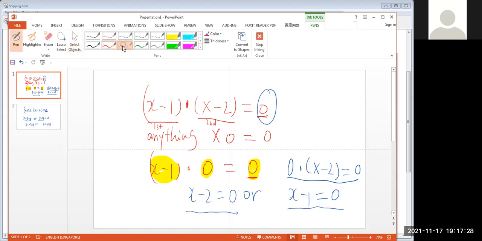So what you could have done is, if x minus 2 is equal to 0, your x is actually equal to 2. That's your first answer. And then x minus 1 equals 0, you will get x equals 1. That's your second answer. So for questions like this, you have two answers. So does it make sense to you now?